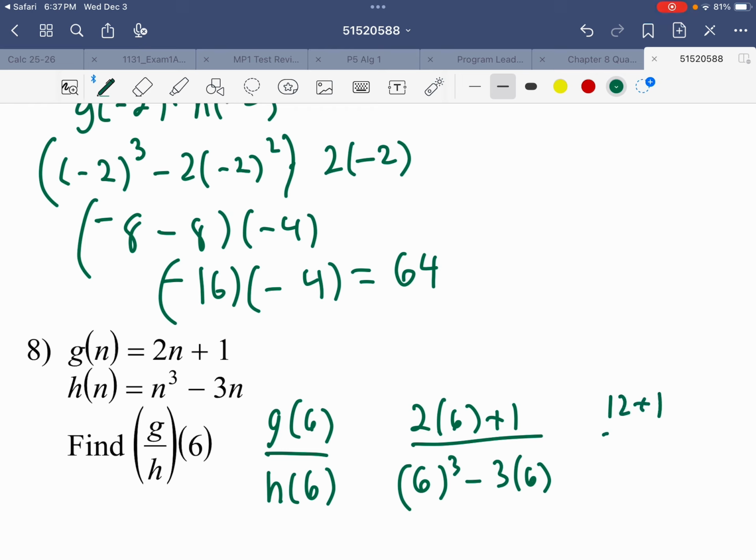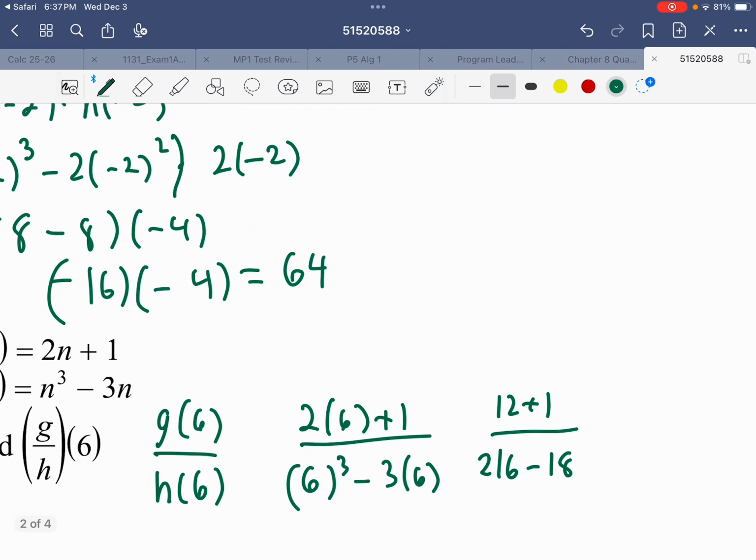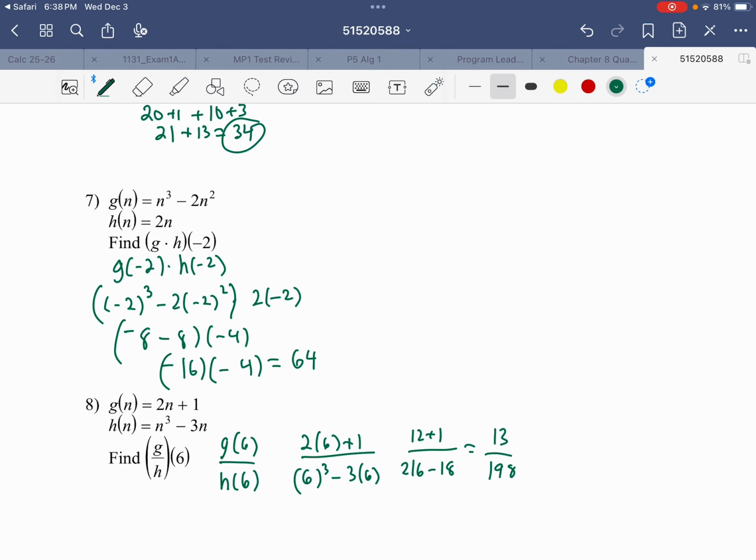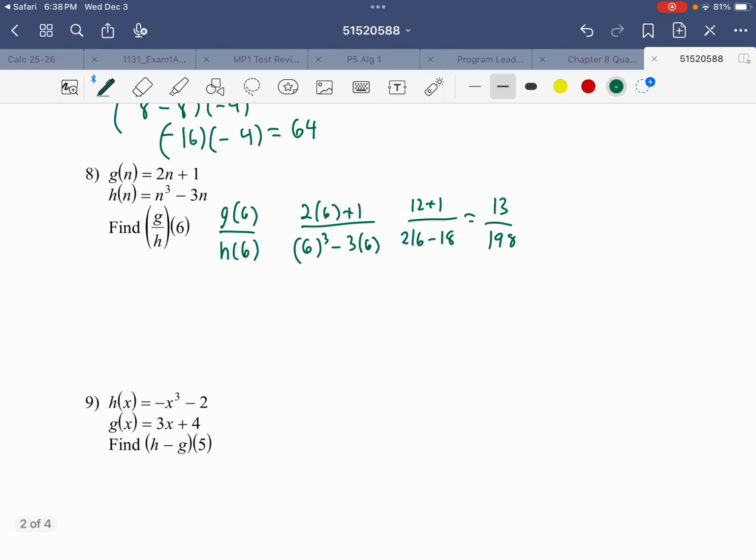Or 12 plus 1. 6 squared is 36. 6 cubed is going to be 216. Take away 18. So it'll be 13 over 198. All right, I'm going to stop the video here, or I'll do this last one, and I'll break it up for a second part.